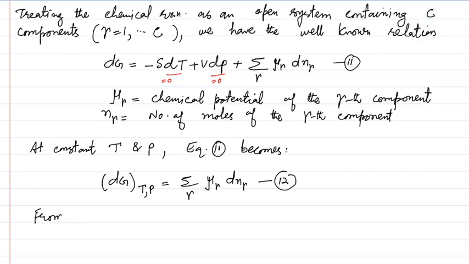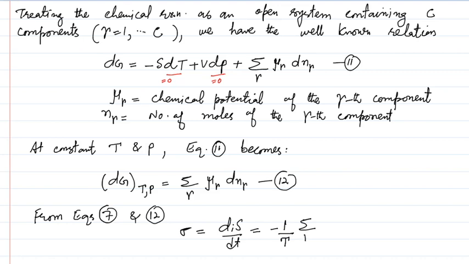From equations 7 and 12, that means for the rate of entropy production we can simply write sigma will be equal to d_iS upon dt, and in place of it we will write minus 1 upon T summation over gamma of mu gamma dn gamma upon dt.